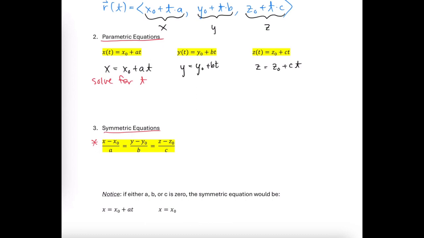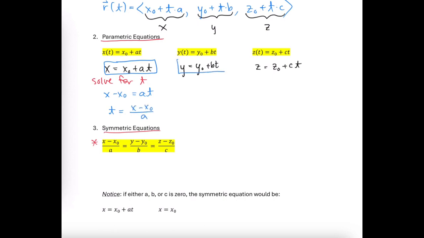So in this particular case, we're going to solve for t by first subtracting x naught from both sides to get at here, and then divide both sides by a. We have solved for t, which is x minus x naught over a.